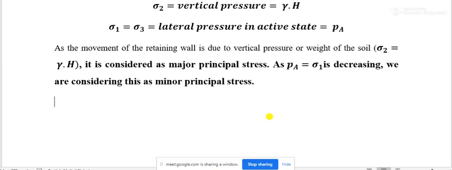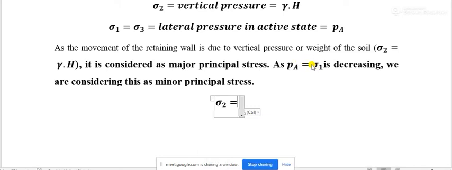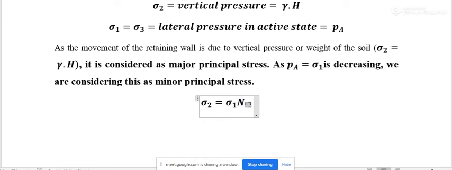That equation, you may write that sigma 2 is sigma 1 N phi plus 2c root over of N phi.